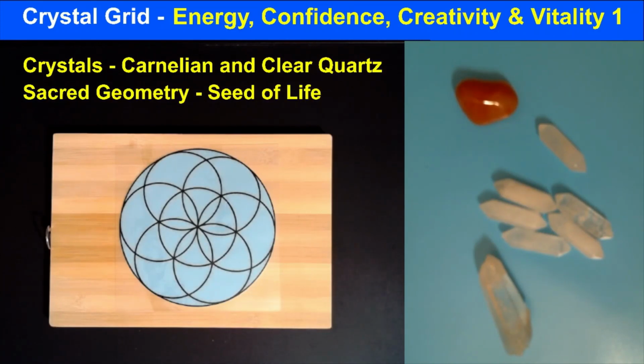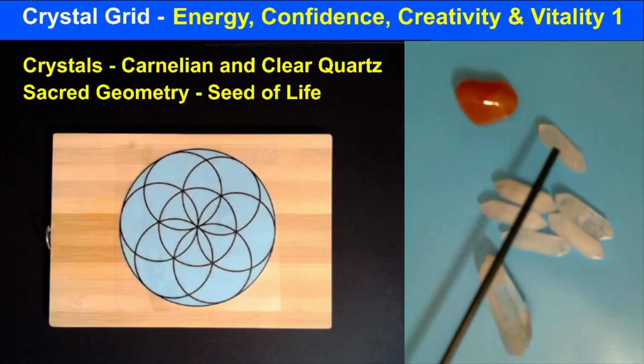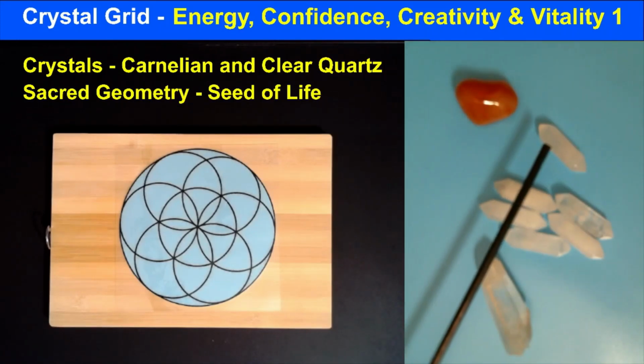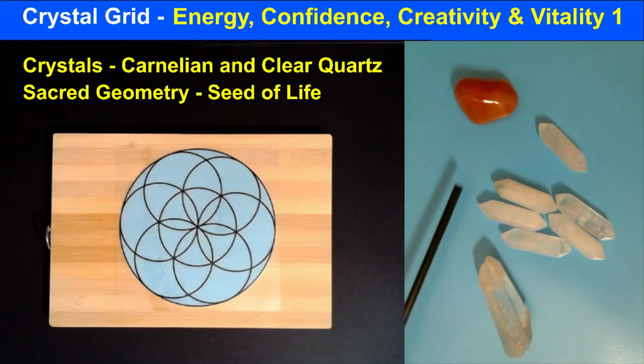Now, we will now go to the process on how to create the crystal grid. So for this crystal grid, we have two kinds of stones. We have here the carnelian, which will serve as our central stone, and then these double terminated crystals will be our supporting stones.